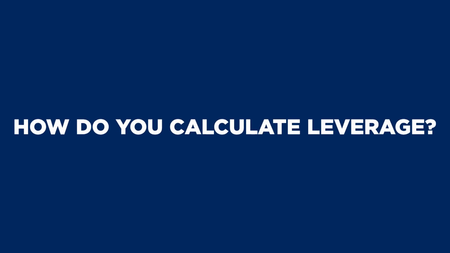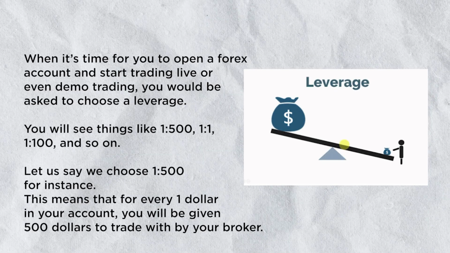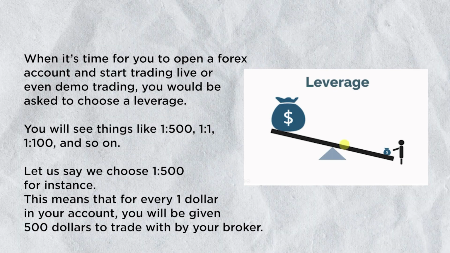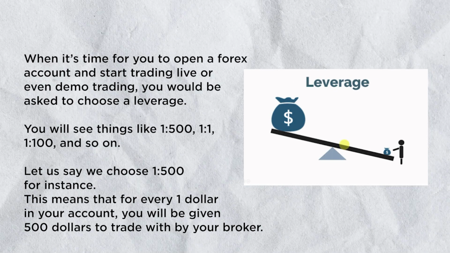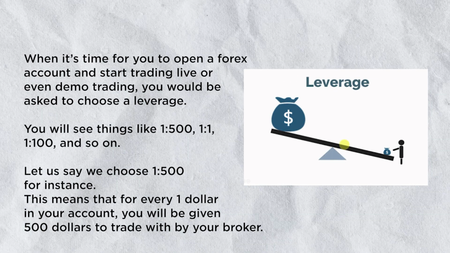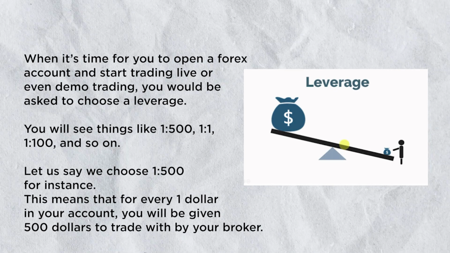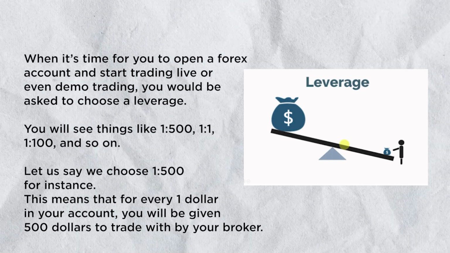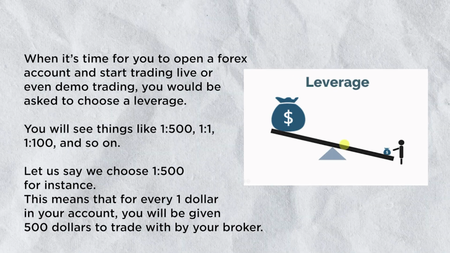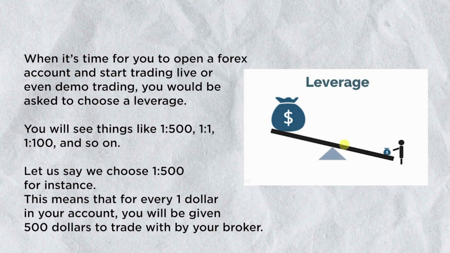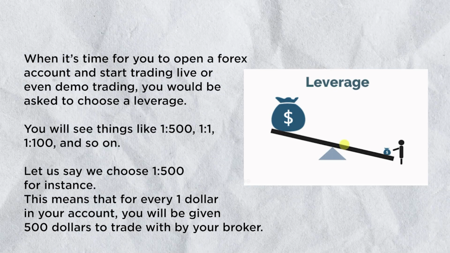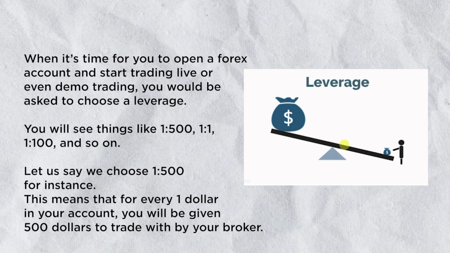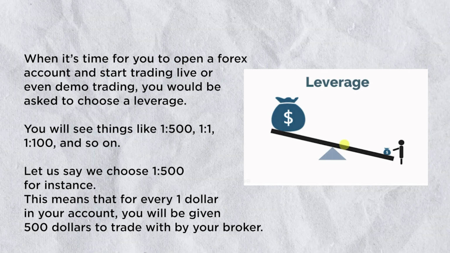How do you calculate leverage? When it's time for you to open a Forex account and start trading live or even demo trading, you would be asked to choose a leverage. You will see things like 1-500, 1-1, 1-100, and so on. Let us say we choose 1-500, for instance. This means that for every $1 in your account, you will be given $500 to trade with by your broker.